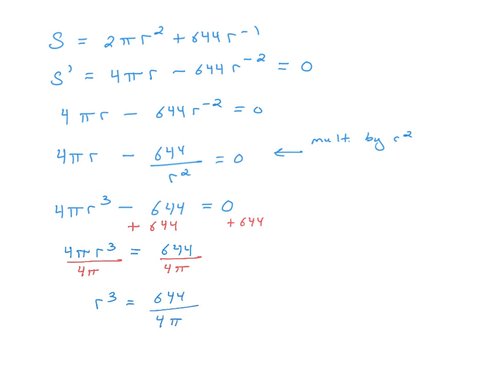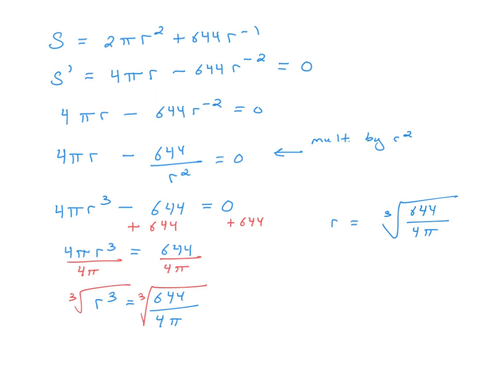And to solve for r, we're practically there. I'm just going to take the cube root of both sides. So I'll cube root the left, and I'll cube root the right. That means r is equal to the cube root of 644 divided by 4 pi. All right, so I'm going to approximate this value on my calculator because it's asking to round to 2 decimal places.